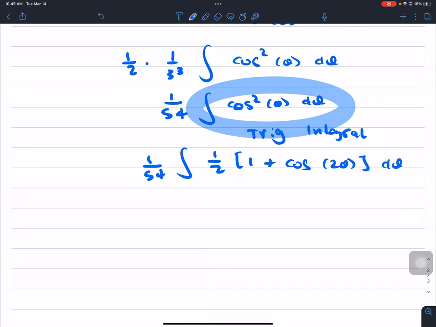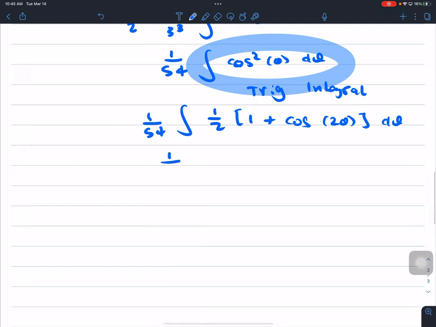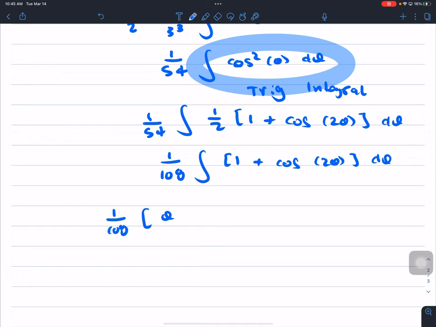D theta? Is that what it is? Do you guys remember that half angle identity? So that's going to be now 1 over, as a constant, 108, the integral of 1 plus cosine double theta d theta here. And so you get that constant 108 if we integrate theta.